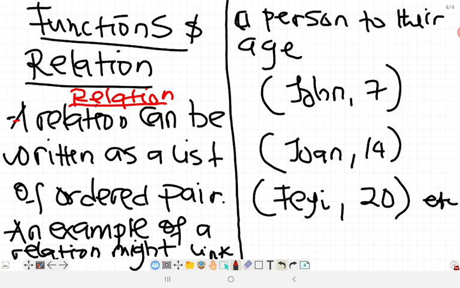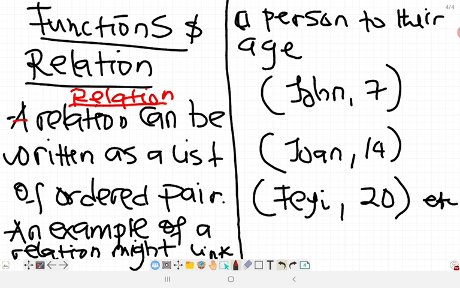By this definition, a relation can be written as a list of ordered pairs. A good example of a relation might link a person to their age.